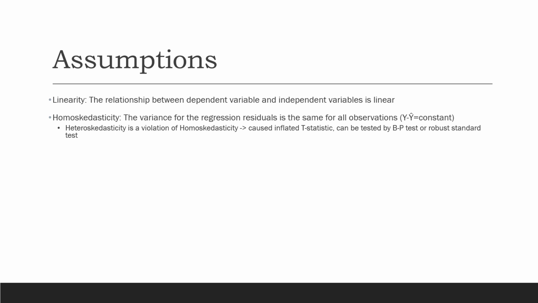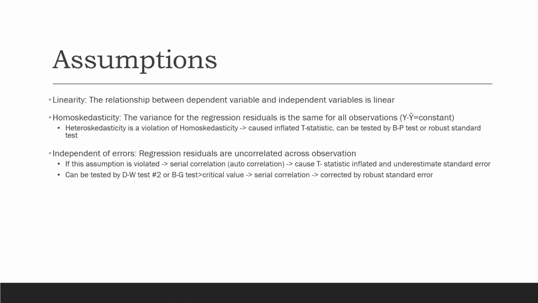If it's violated, it causes an inflated t-statistic, and with an inflated t-statistic, the model appears to fit better than it actually does. So it's not a good model. It can be tested by the BP test or the robust standard errors.